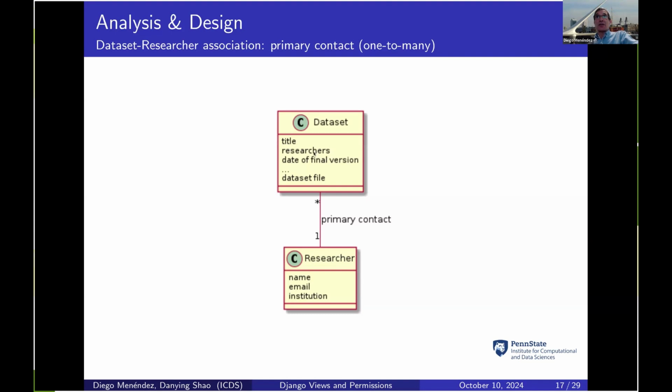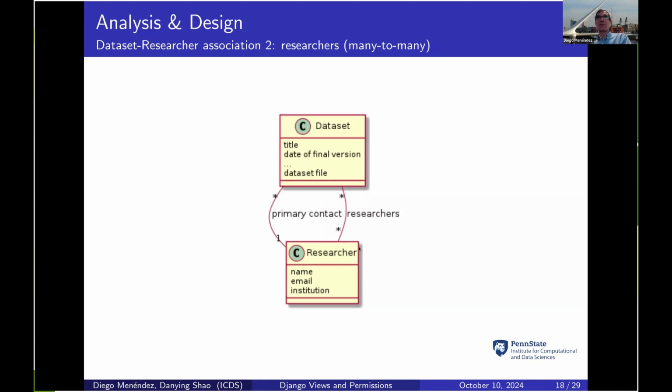Then the second association between datasets and researchers is not a one-to-many, it's a many-to-many. So again, there will be another association between these two classes, but this other will be many-to-many. So each dataset may have many researchers, and each researcher may be working on more than one dataset.